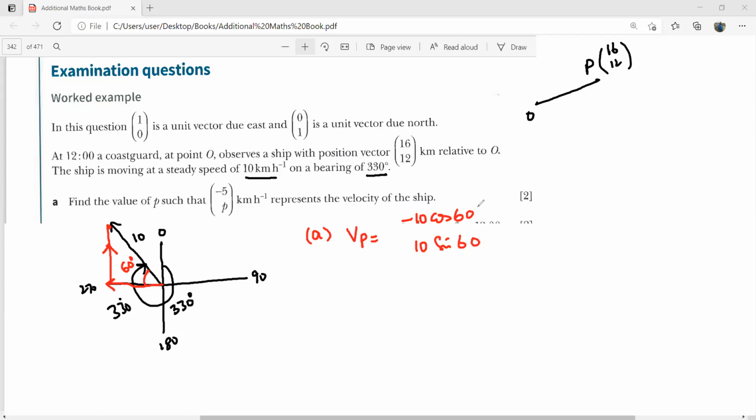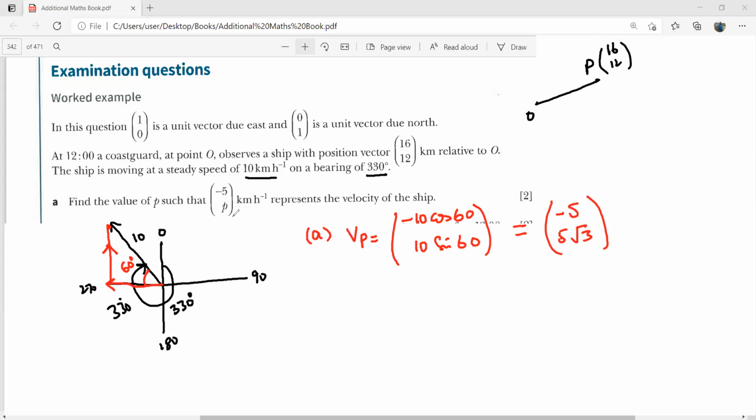And sine 60 is under root 3 over 2. So when you simplify this, you will get minus 5, 5 under root 3. You better keep this in exact form rather than writing this in decimals. So this is the velocity vector. Therefore, the value of this P is going to be 5 under root 3.